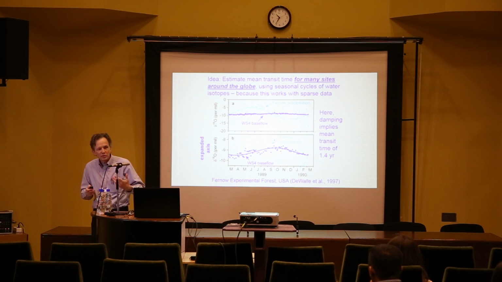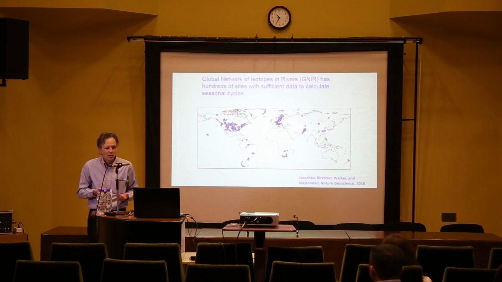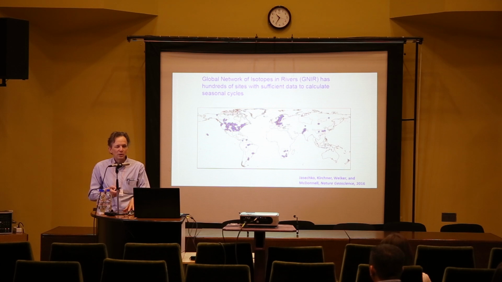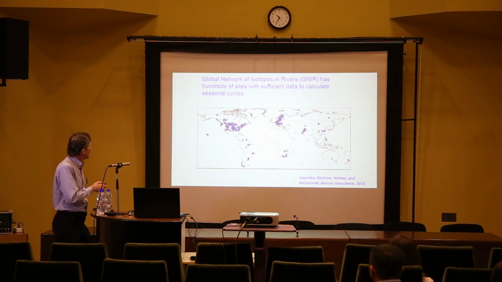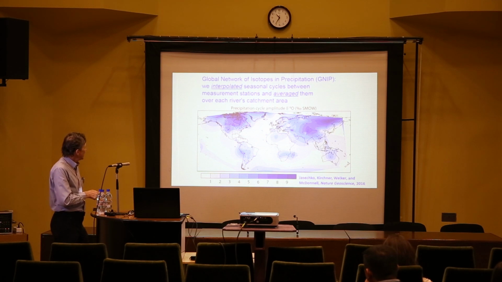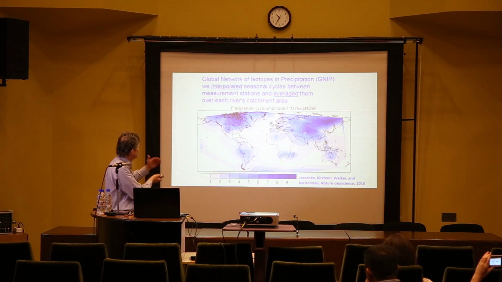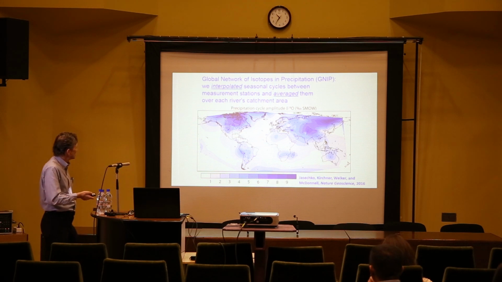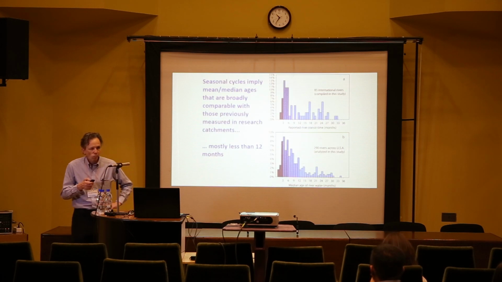And so we wanted to do this for everywhere on Earth that you can get these data. There are about 250 rivers for which you can do these calculations. As an input, you can use the global network of isotopes in precipitation, and you have to interpolate, of course, between the measuring stations to figure out what these cycles must look like in precipitation in the other places where you don't have data.